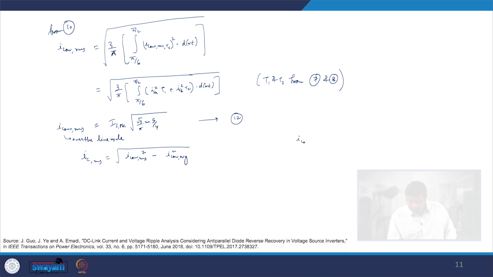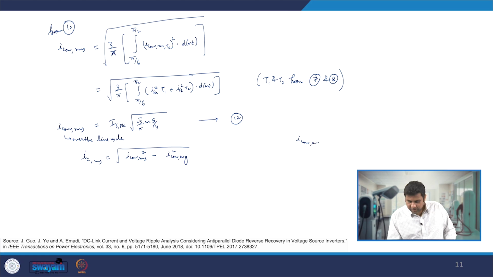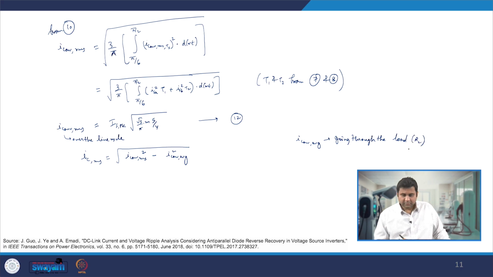So we can say I converter average is going through the load, which is in this case RL, and the remaining will be going through the capacitor. So we can get this ICRMS from this expression, and you can put in equations number 11 and 12, and from there you can easily calculate the ICRMS.